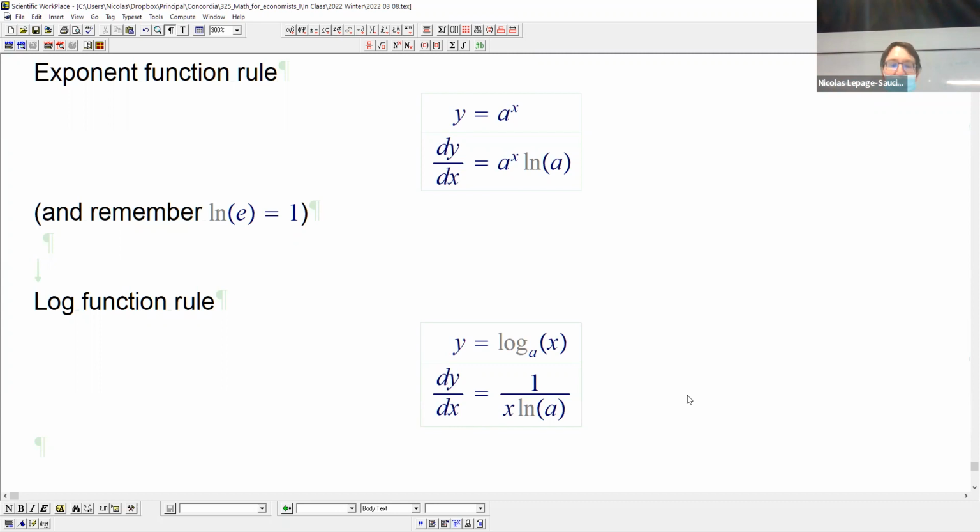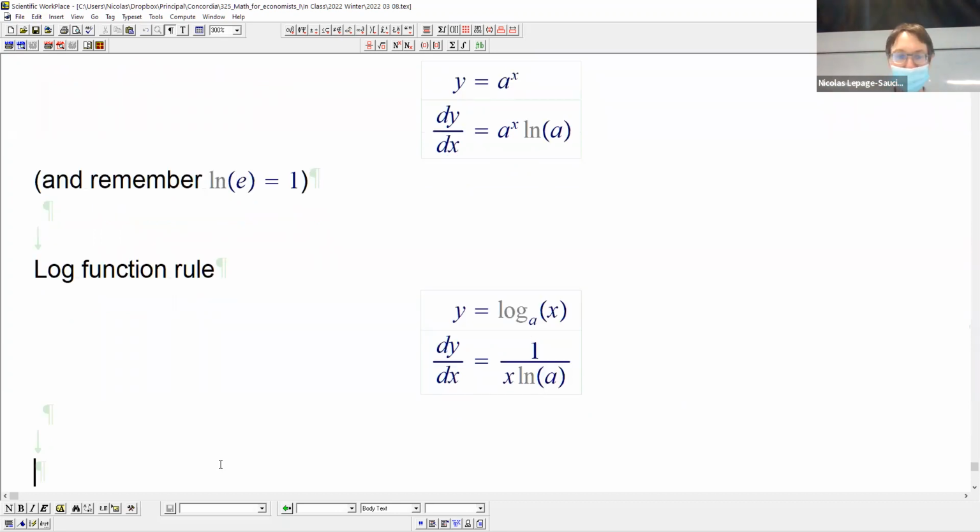So that's what I had to tell you about the differentiation rules. Now you can just use them and life is going to be good and you don't have to use limits all the time. Just before we continue, any questions about what we've done so far?